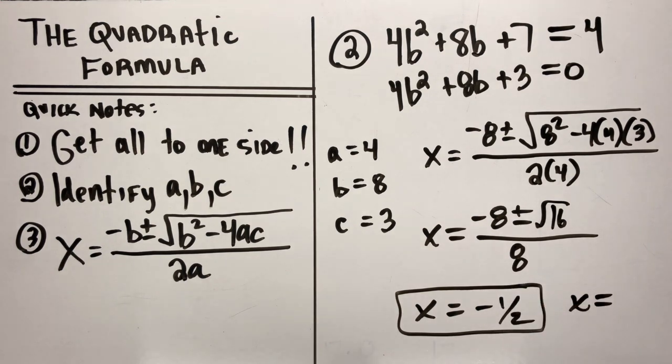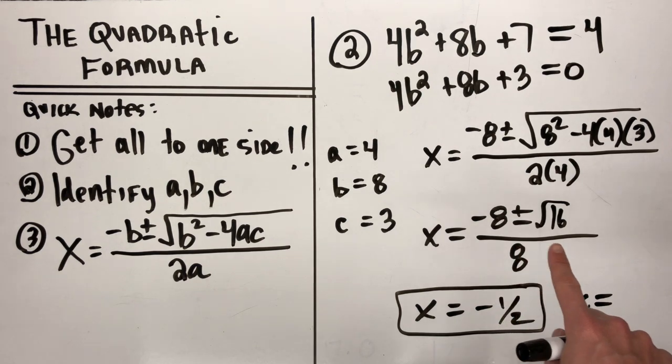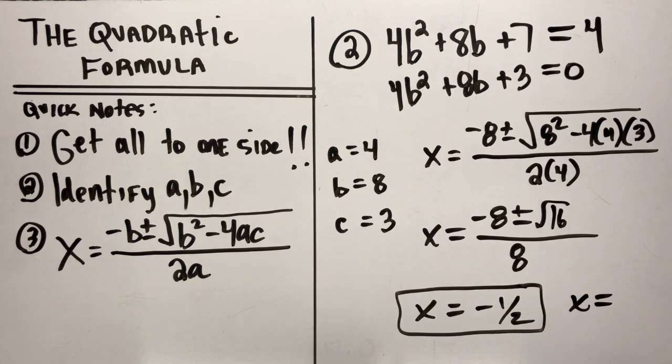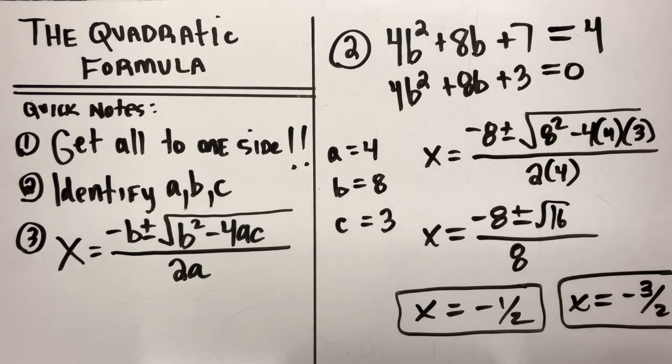And our second solution is going to be negative 8 minus 4, which is negative 12, divided by 8. Negative 12 divided by 8 is going to be negative 3 over 2. And so our solutions to this quadratic equation would be negative 1/2 and negative 3/2.